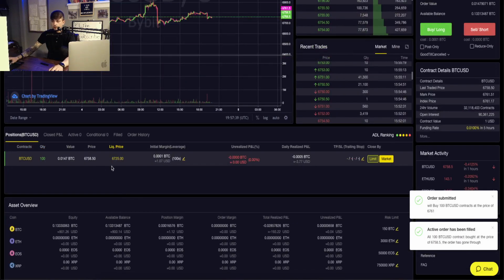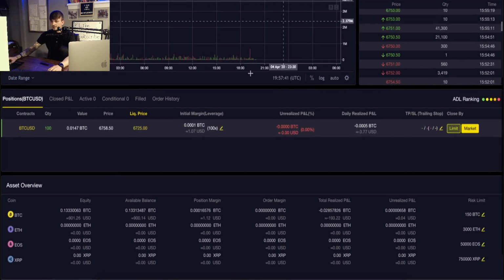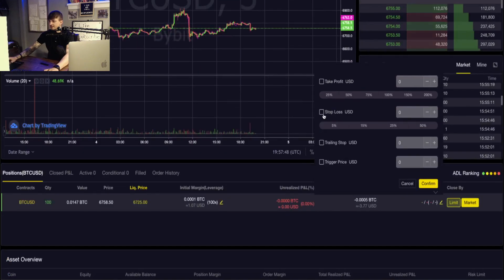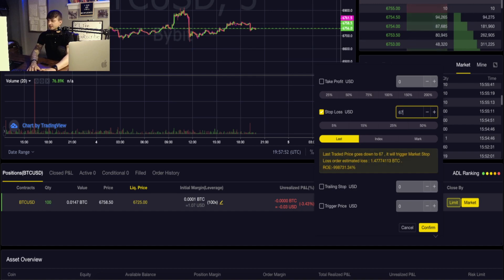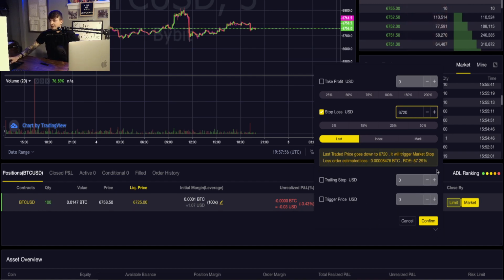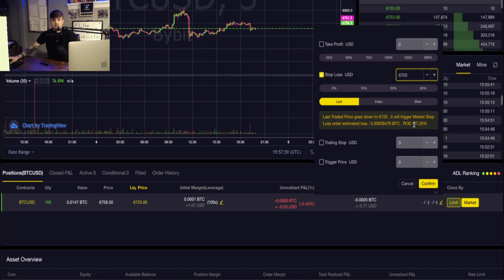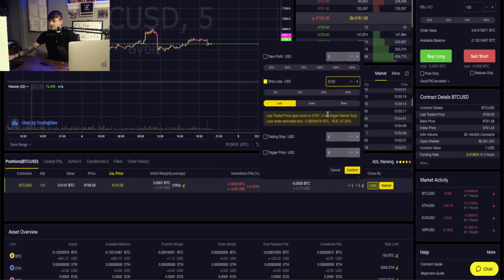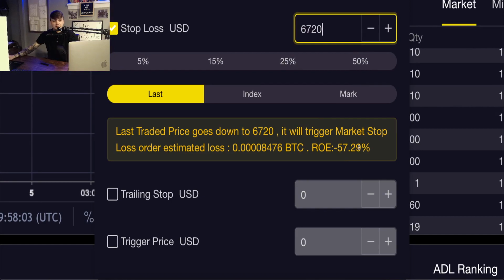Look, your liquidation price right now is 6,725, right? It's better for you to set a stop loss even right before that liquidation price, 6,720, and you lose 57%. Let me make sure you guys see that. You lose 57% instead of your whole balance.